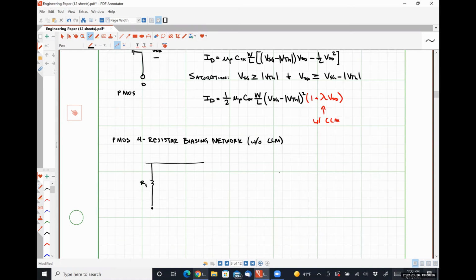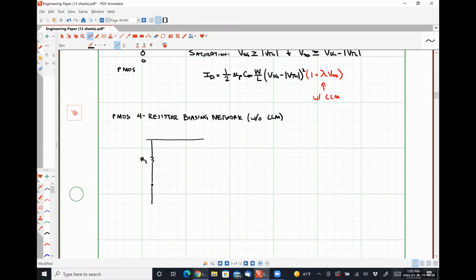Our resistor R1, our resistor R2. This is going to be our resistor RS. Here's our PMOS transistor. Here is our resistor RD.